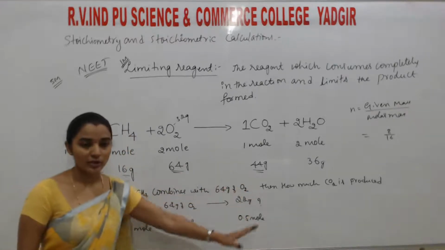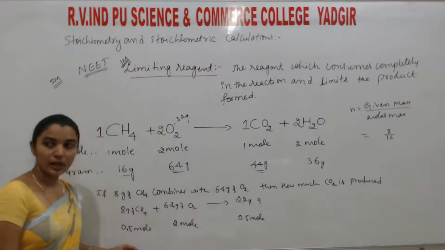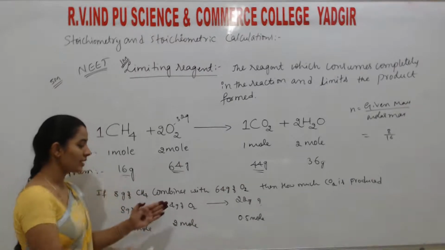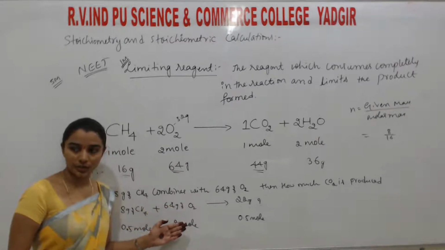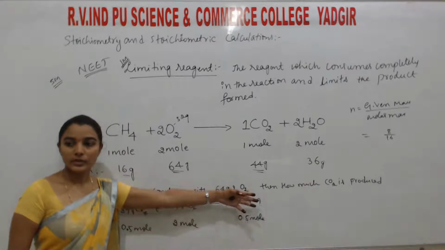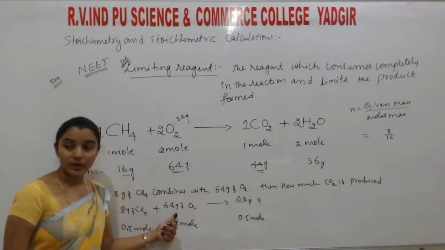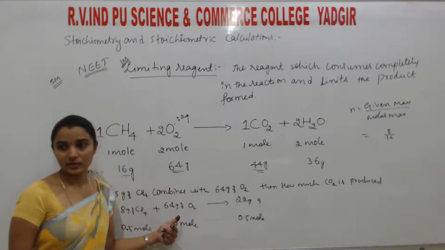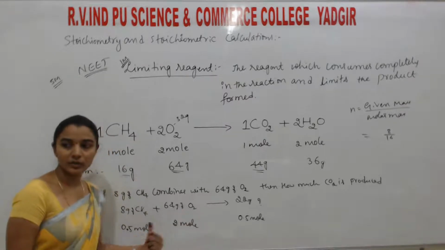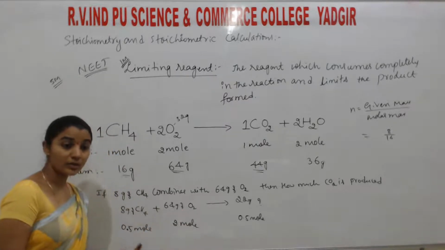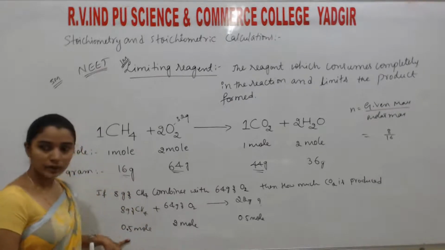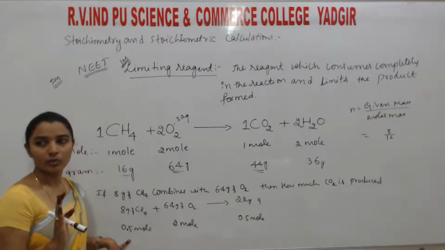So in this reaction, CH4 is the limiting reagent. It completely combines with the required amount of oxygen and forms 0.5 mole of CO2, and the oxygen is left in excess. Only 32 gram of oxygen will react with this 0.5 mole, because to complete the reaction the CH4 availability is only 0.5 mole.